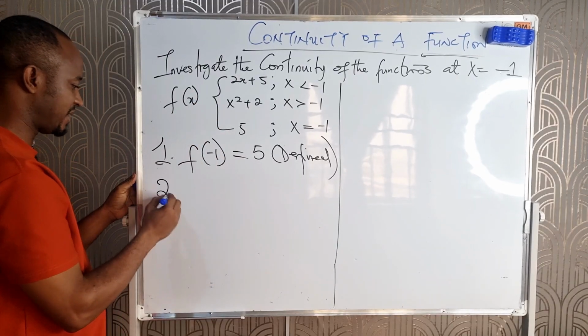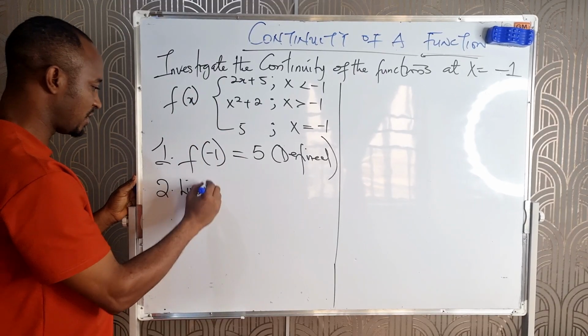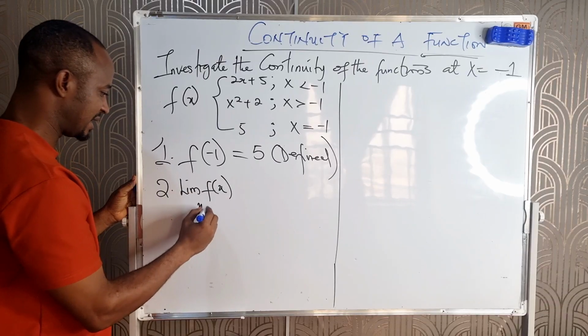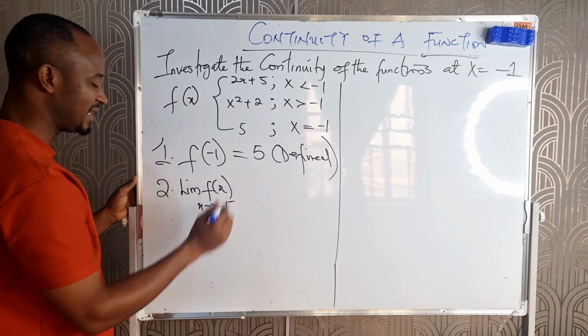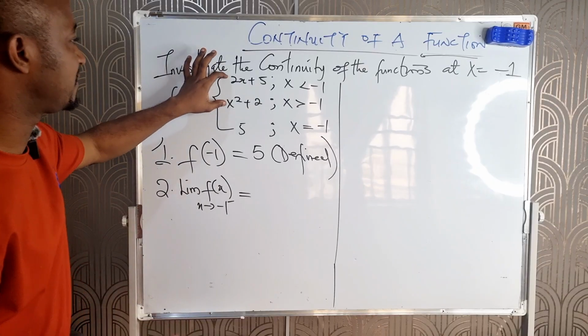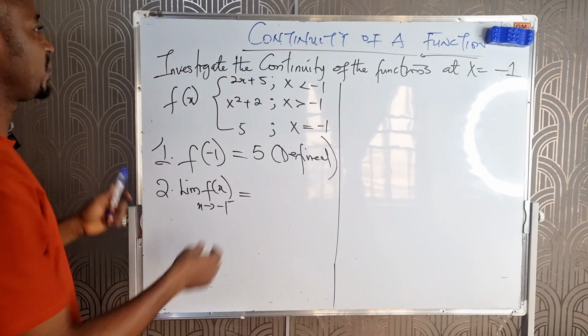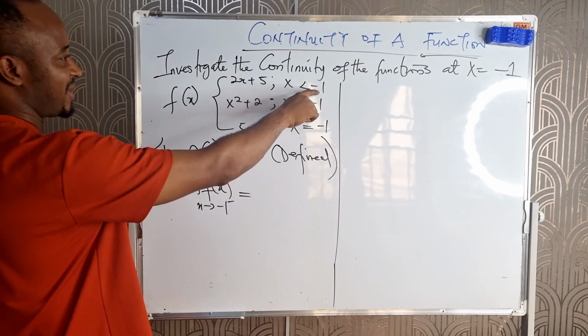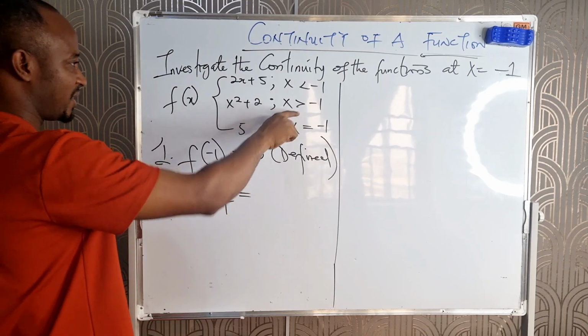Now the next step is to find the limit of f of x as x approaches -1 on the left-hand side. We have two functions that define both left and right. Here we are told that x is less than -1. Here x is greater than -1.